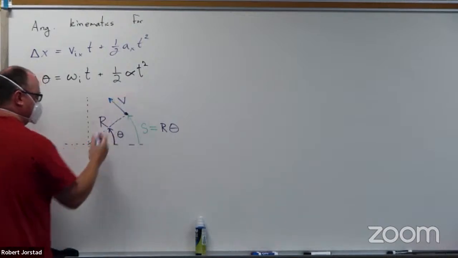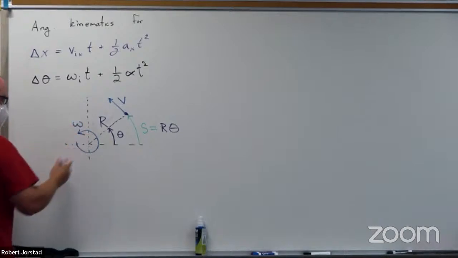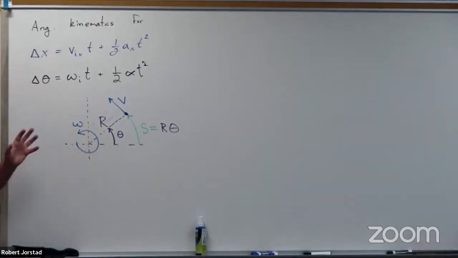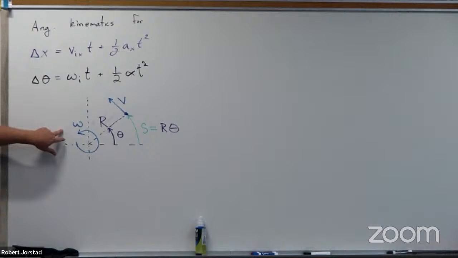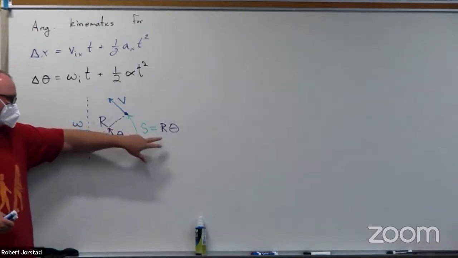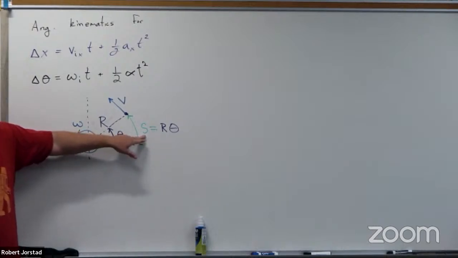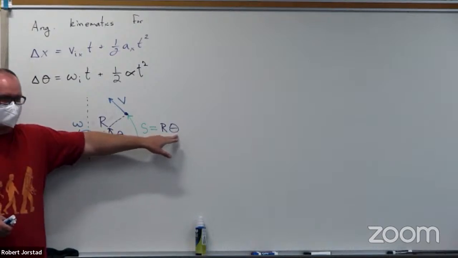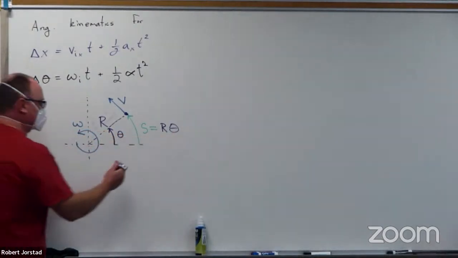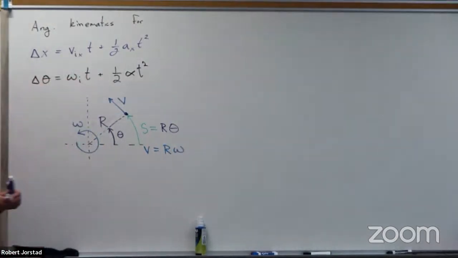If this is V, and this is the rotation rate, now remember, rotation rate is sort of like the RPMs. Velocity relates to omega the same way S relates to theta. Think about it. Take a derivative on this side, you get meters per second. If the radius is constant, take a derivative and you get omega. Notice we get V equals R omega.